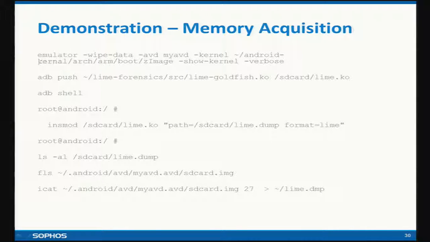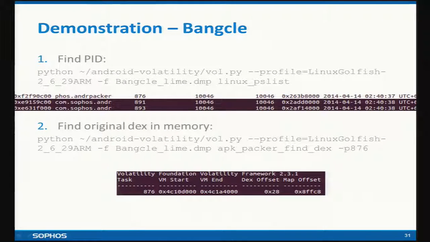In the meantime, we install the packed application and start it. Then we're using LiME to extract the memory, making sure the memories exist. Then we're using fls and icat to copy the file by inode number.